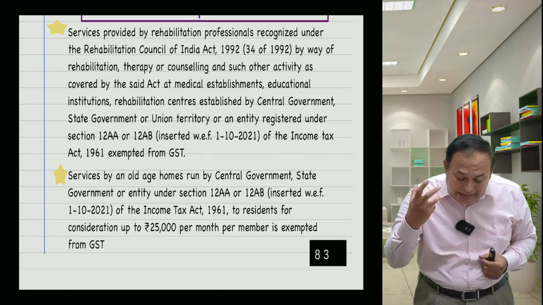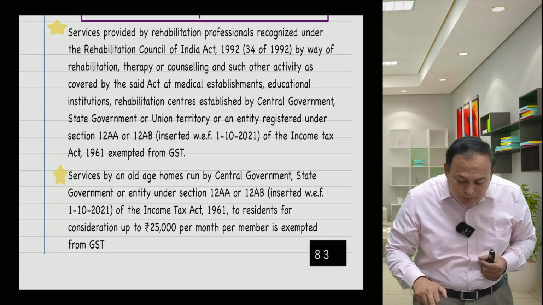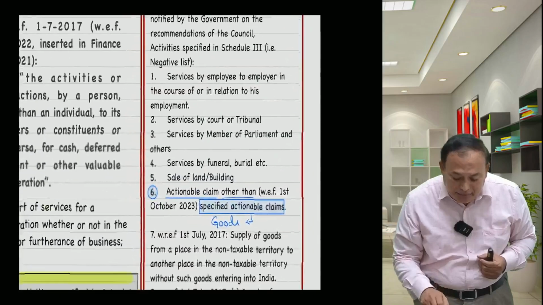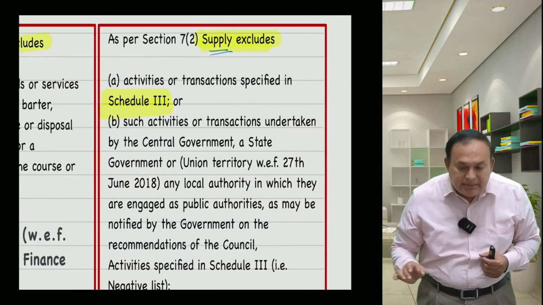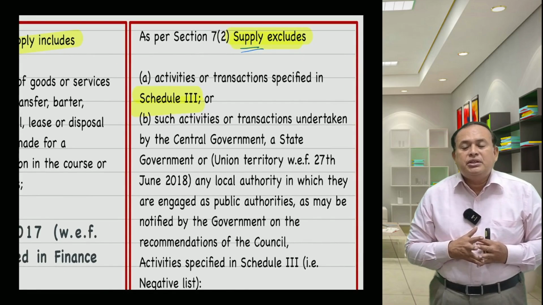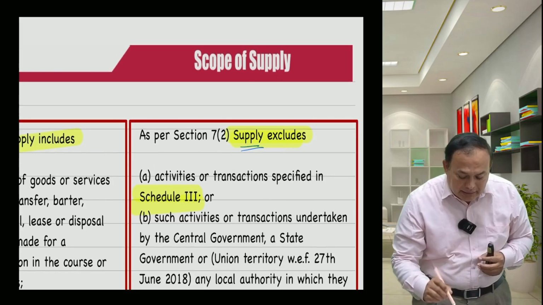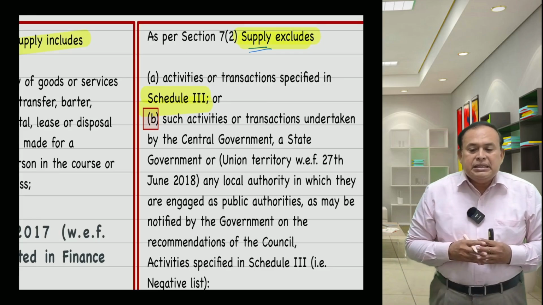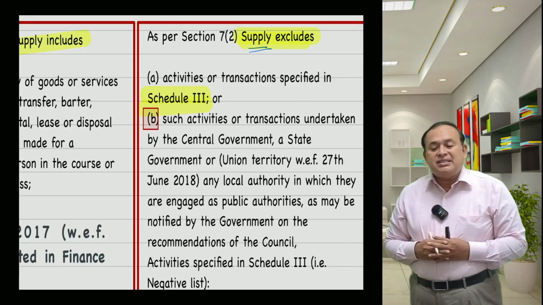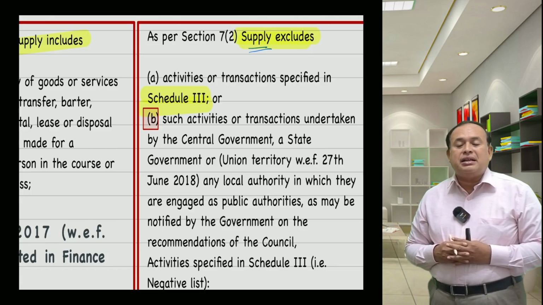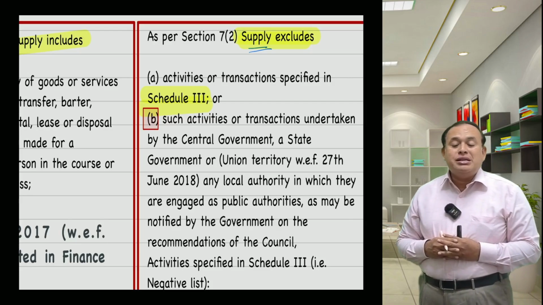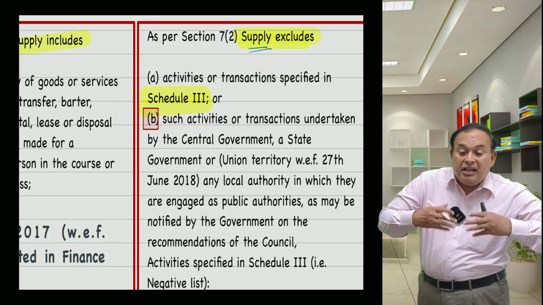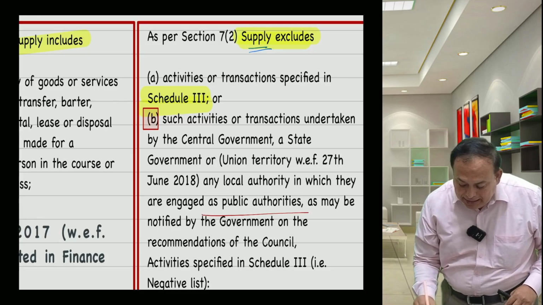Just I will be recalling the entire point here as follows. Scope of supply is there in your page number 17. Where? Here you look. Section 7, subsection 2, clause B. Supply excludes such activities or transactions undertaken by the central government or a state government or a union territory or any local authority in which they are engaged as public authorities.